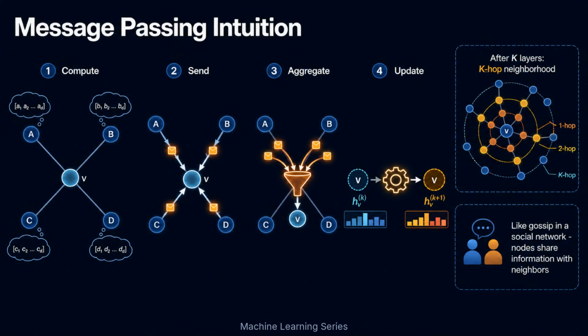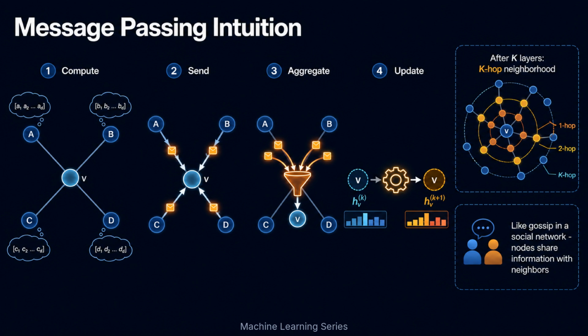Let's build intuition for why message passing works. Imagine a social network where people only know about their immediate friends. How does information spread? Through conversations, messages passed between connected individuals. Each person aggregates what they hear from friends and updates their own knowledge. After one round, you know what your immediate friends know. After 2 rounds, that information has reached you from friends of friends.